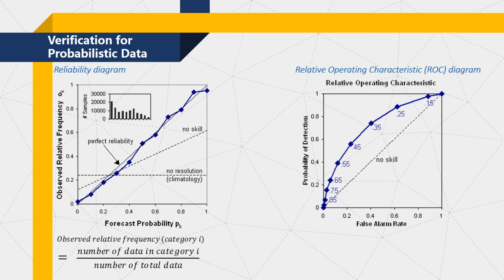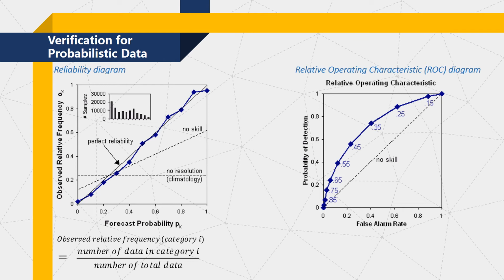The reliability diagram is often referred to as an attribute diagram when the no resolution and no skill lines are included in the diagram.